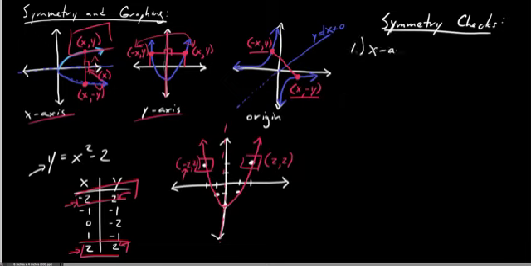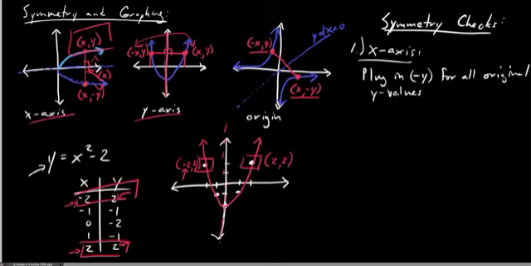What we can say is this. In order to check for x-axis symmetry, we'll plug in a negative y value for all original y values of the equation.